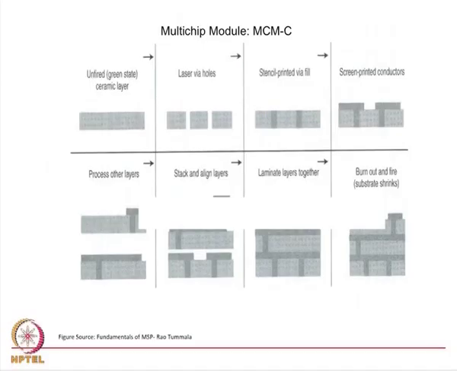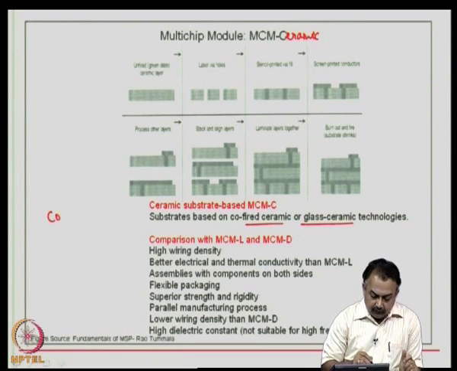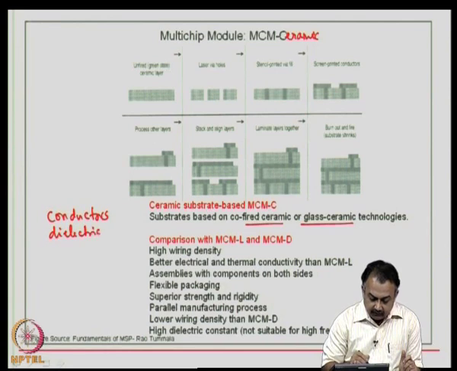So, the substrate is a ceramic glass composite material, and when we say co-fired, what basically happens is, for building an MCMC, you require conductors, you require dielectric materials, and then you may also require resistor and capacitor materials.